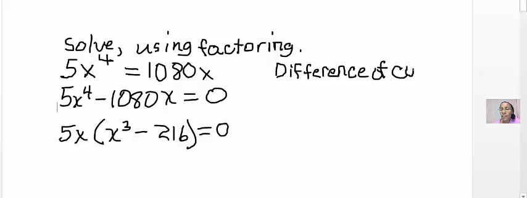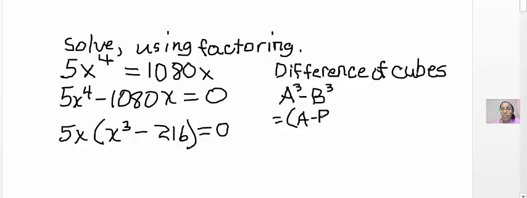It's a factoring formula that says a cubed minus b cubed is equal to a minus b times a squared plus ab plus b squared.